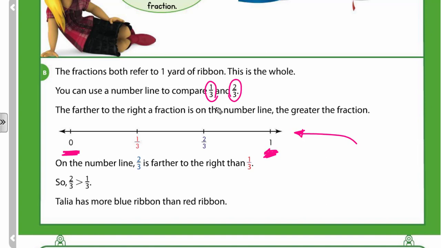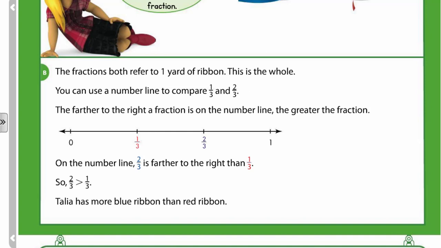So we need to divide the distance from 0 to 1 into 3 equal lengths. As you can see here, this is 1, 2, and 3. The first mark will be 1/3, the second mark will be 2/3, and the third mark will be 3/3, which is the whole one.